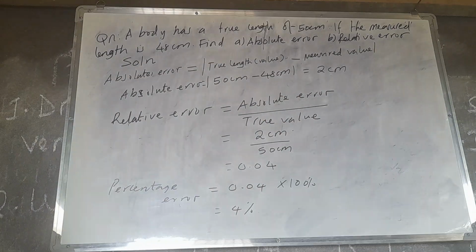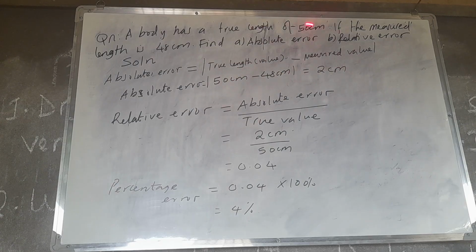So it is very important material to be noted. This is how we can find the relative error and the absolute error. What is very important to note is this formula: absolute error is equal to true value minus measured value.